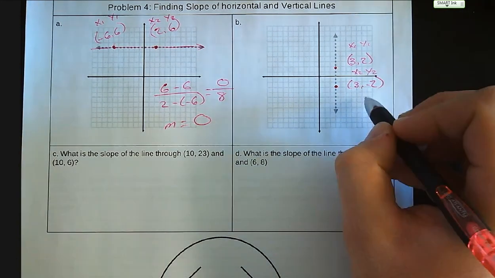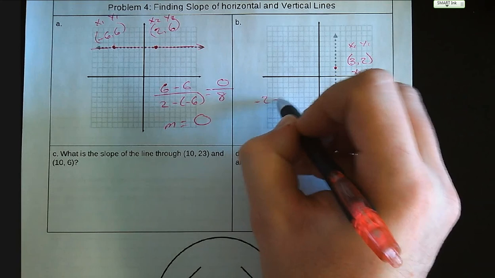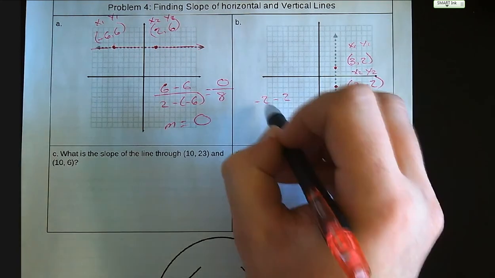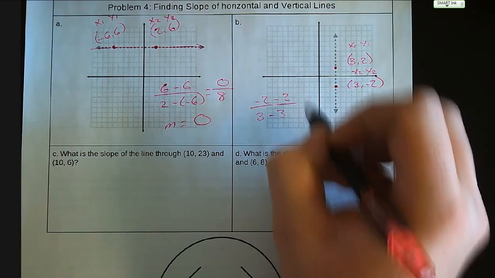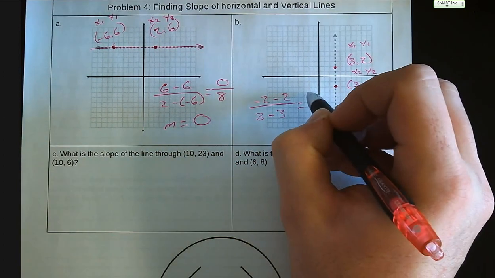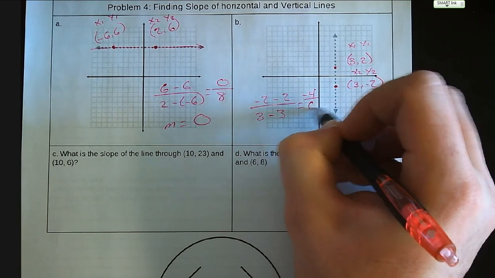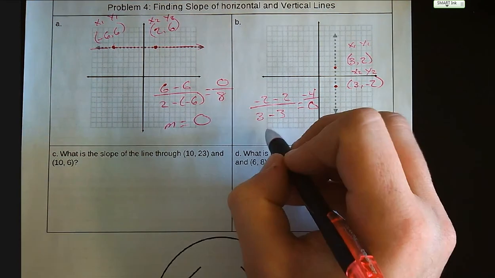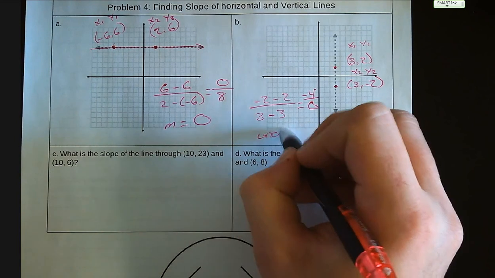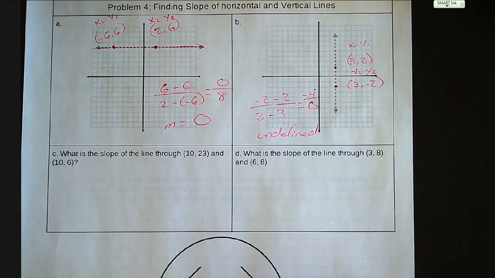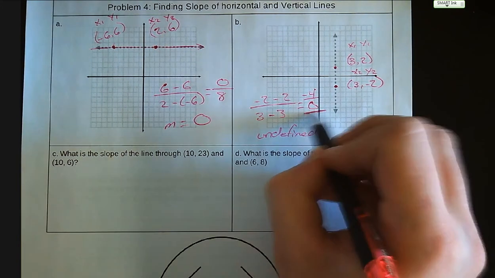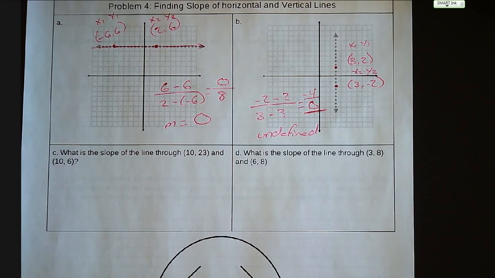So we have negative 2 minus 2 over 3 minus 3, so we get negative 4 over 0, which is undefined. Do not say 0. If you say 0, we will throw things at you. It is undefined. You must write that word undefined because you cannot find that slope. We cannot divide by 0.